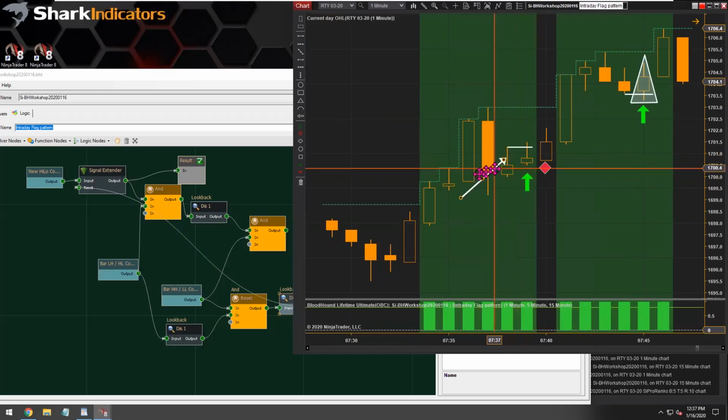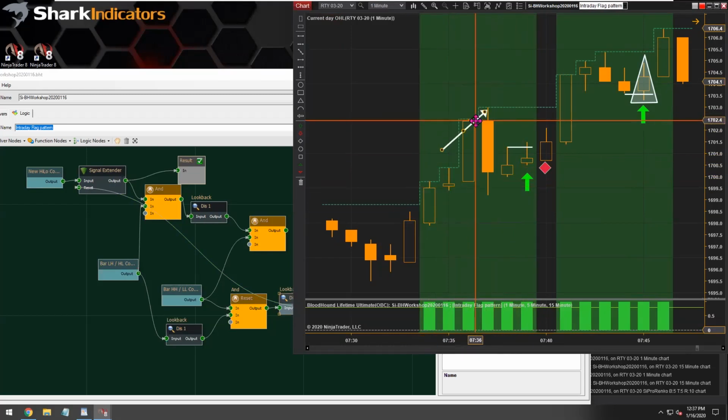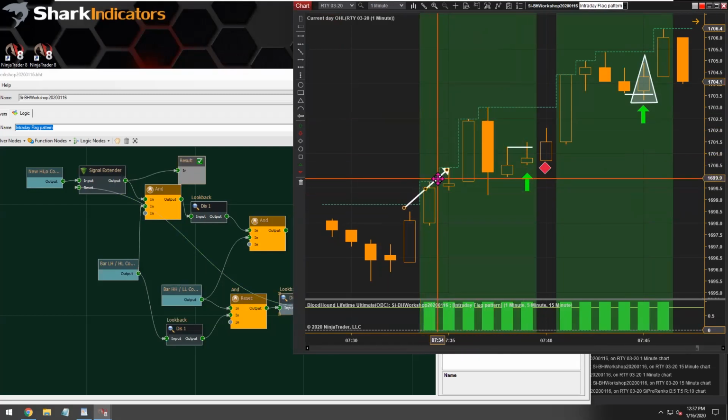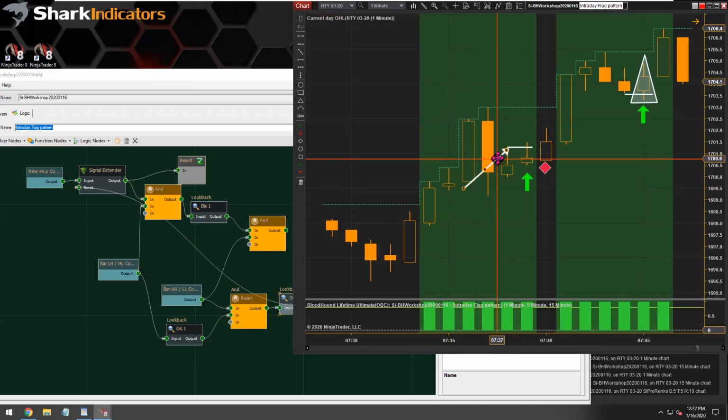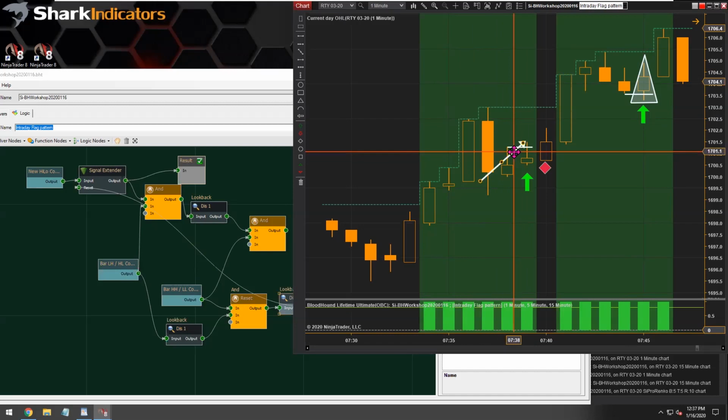There we go. Bingo. So now my signal extender is taking all these new highs and extending it out for 5 bars. But then once we get our trigger bar, our signal bar, once that occurs, we can see that the signal extender turns itself off. So we got 1, 2, 3 bars, and after we get the signal, it turns off.